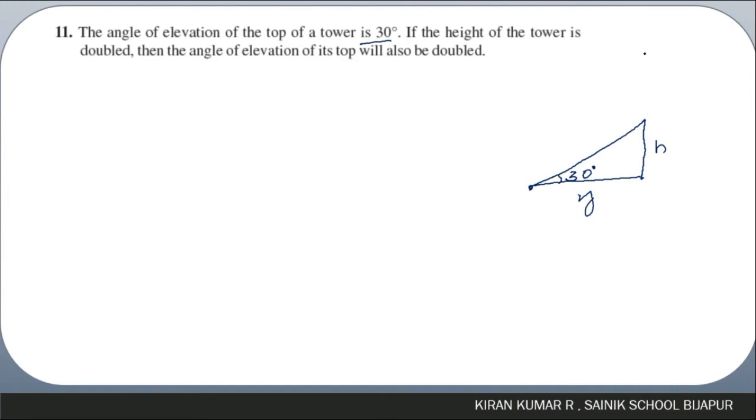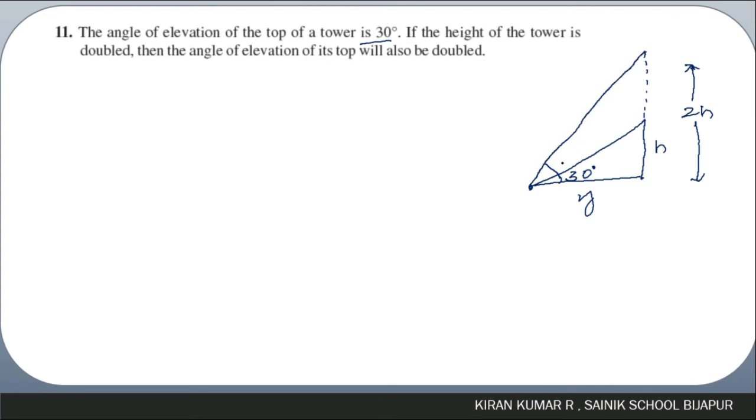Suppose the height of the tower is doubled, suppose it becomes 2h. What will be the angle of elevation?